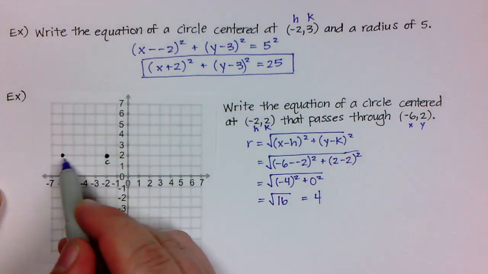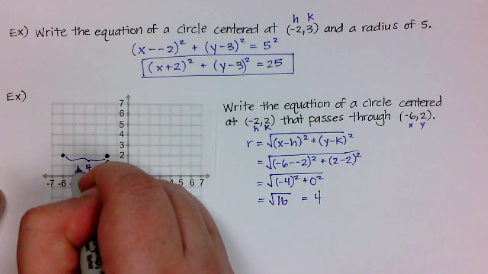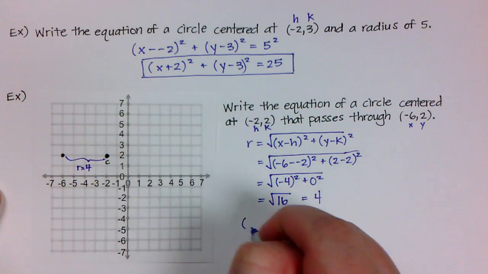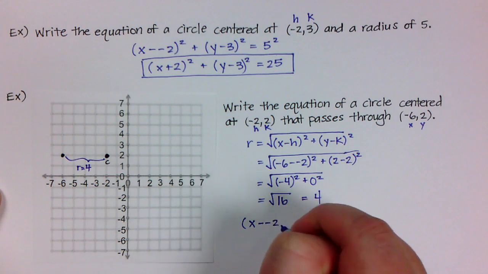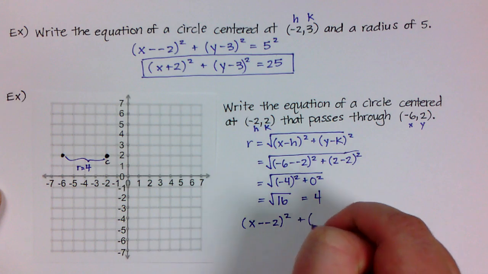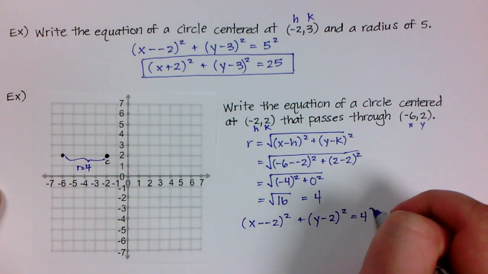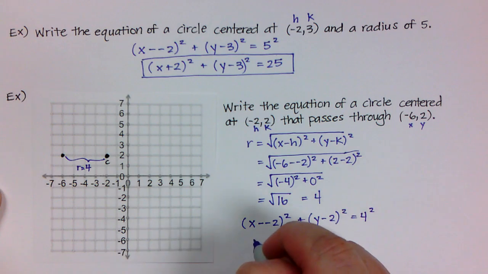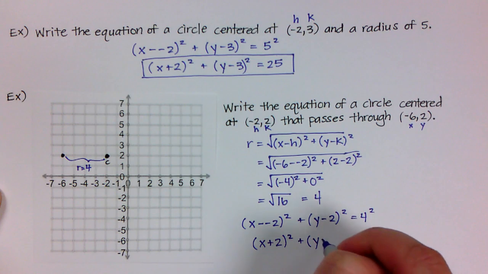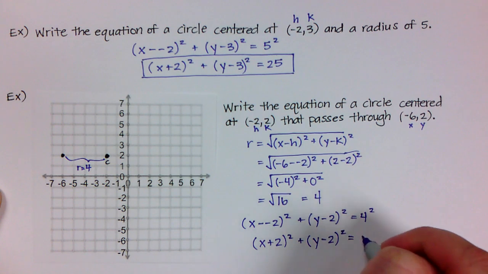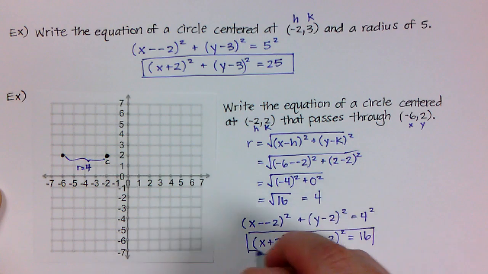And I could have clearly seen that if I had just plotted it on a graph. But one more step: x minus -2 squared plus y minus 2 squared is equal to the radius squared. So clean it up and we're done. x plus 2 squared plus y minus 2 squared is equal to 16. And that's our equation.